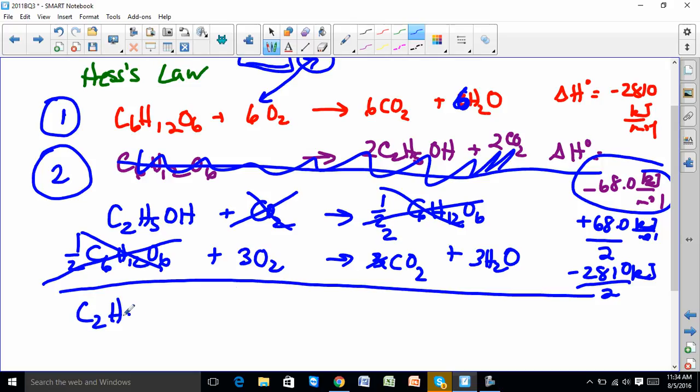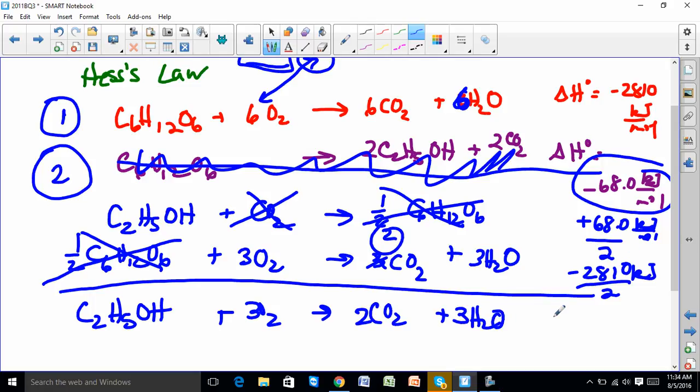And so then you get C2H5OH plus 3O2 goes to 2CO2 plus 3H2O. And then I have to add, when you do this on the calculator, 68.2 divided by 2 plus negative 2810 divided by 2, you end up with negative 1370 kilojoules per mole.